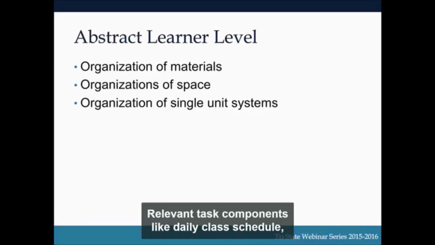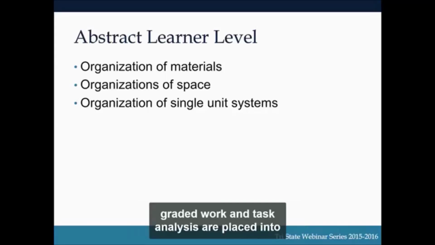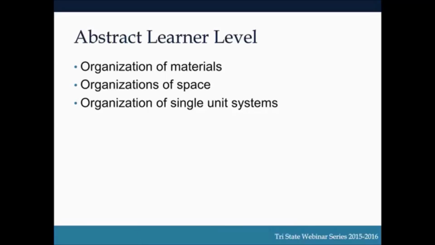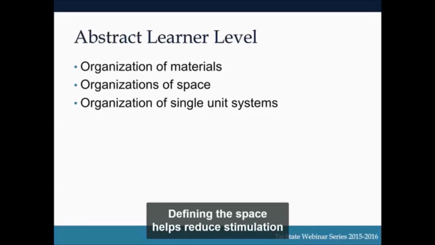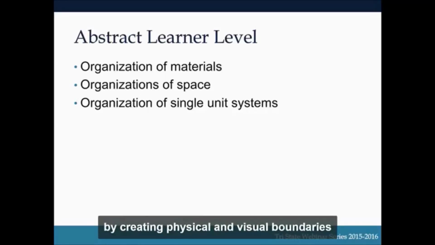Relevant task components like daily class schedule, schedule cards, class notes, calculators and social stories, graded work, and task analysis are placed into designated containers or locations in the system to help reduce distractions. Defining the space helps reduce stimulation and draws focus to relevant details by creating physical and visual boundaries that limit the size of the work area.